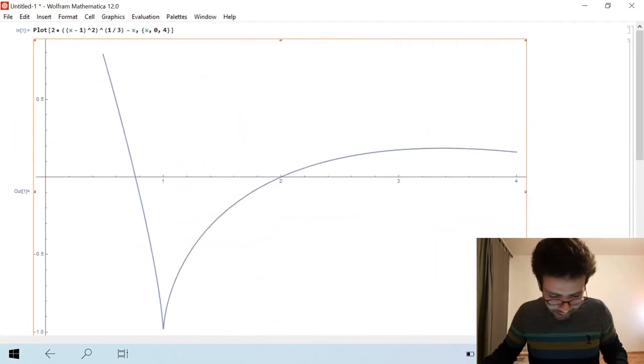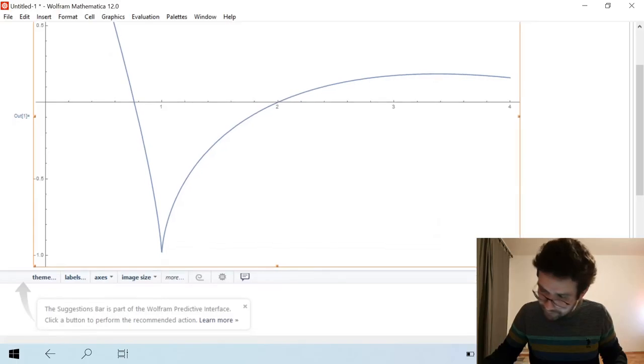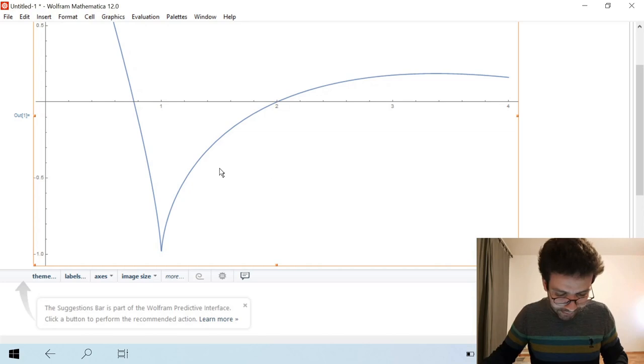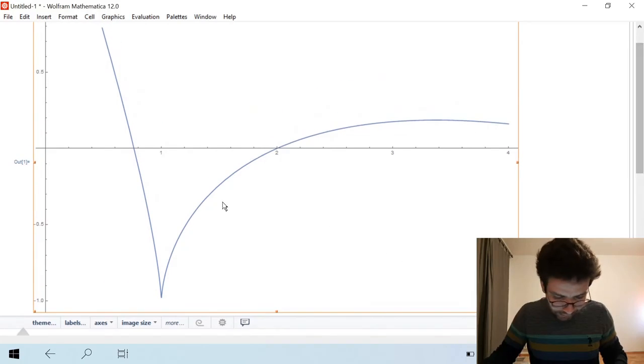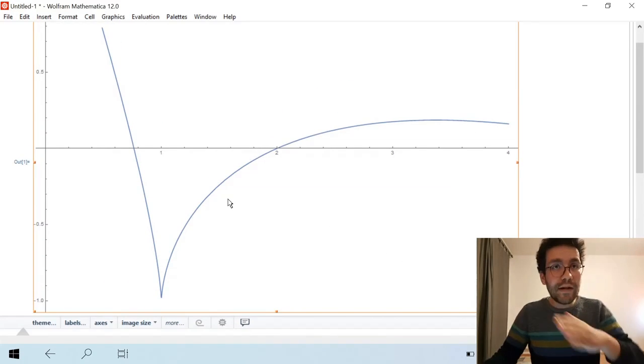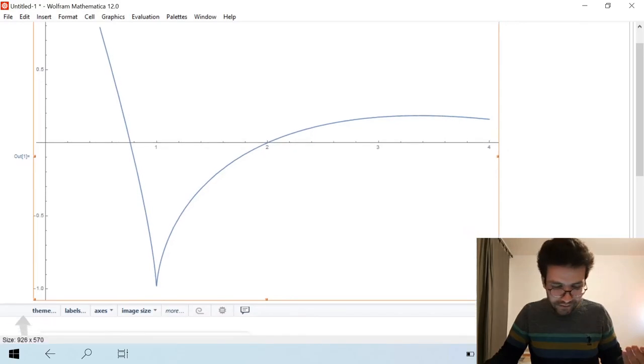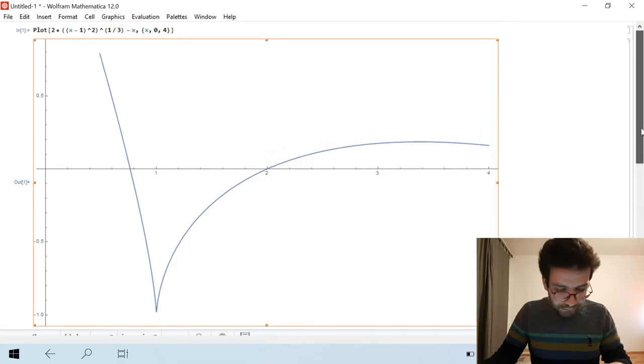As you can see, I have a sharp corner at 1, which is why I have a singular point, where the derivative does not exist. If you try to compute the right derivative, it's going to be plus infinity. If you try to compute the left derivative, it's going to be minus infinity. So derivative does not exist, and you have a singular point here.